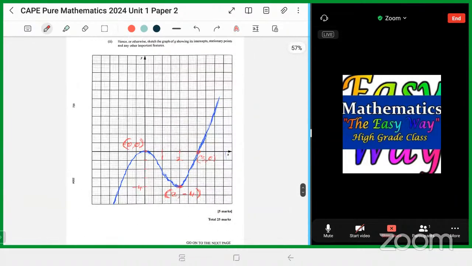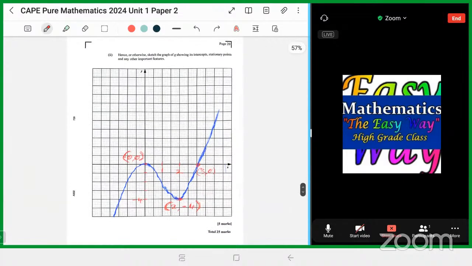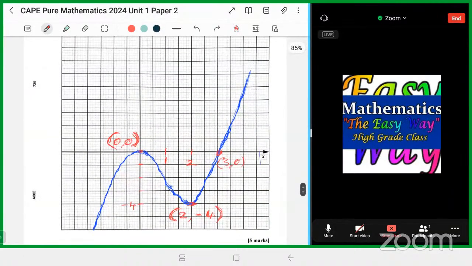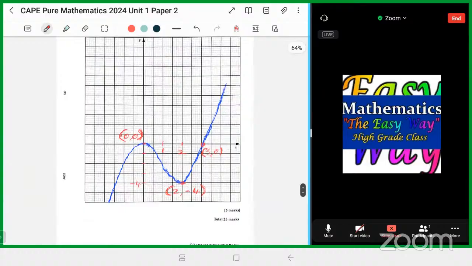I was looking to see if there's anything else I want to add to this. Can't think of anything else. With the turning point and the cross at the x-axis. That's the origin. That is it. Paper done. The paper is done. It's done, done, done.